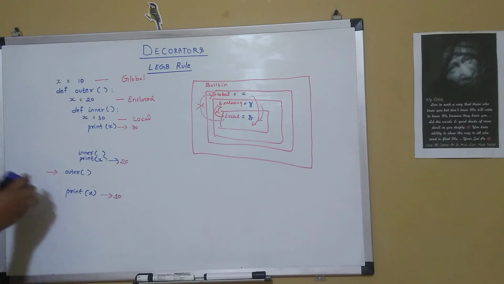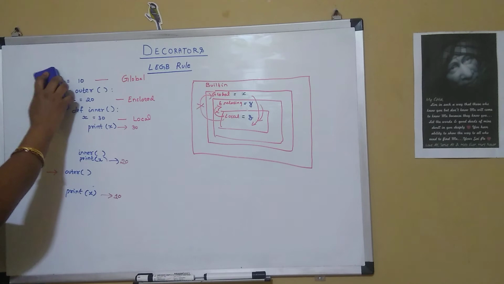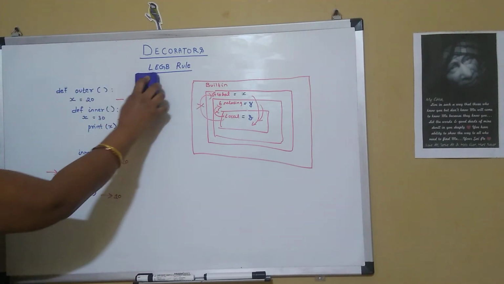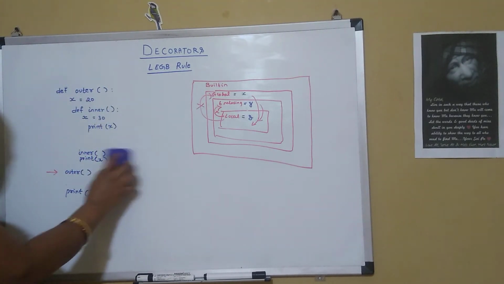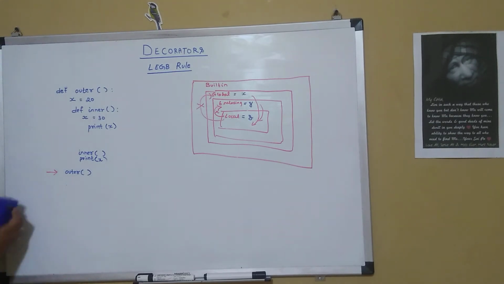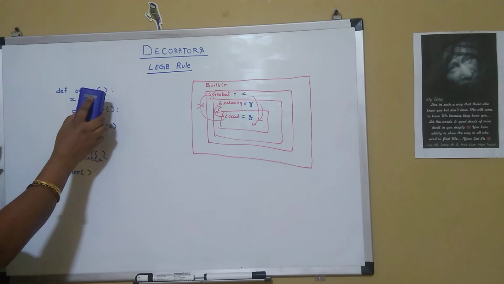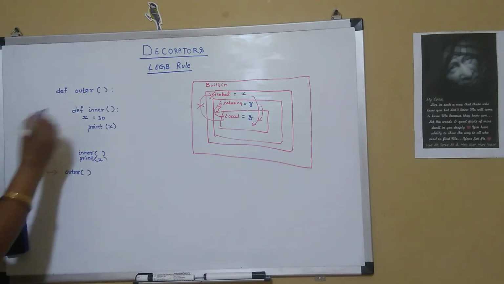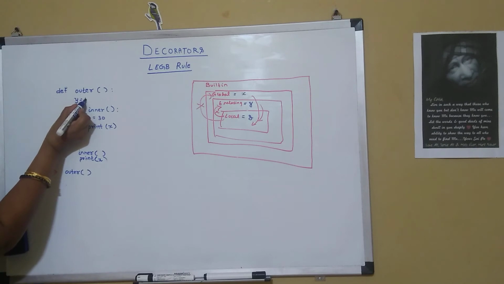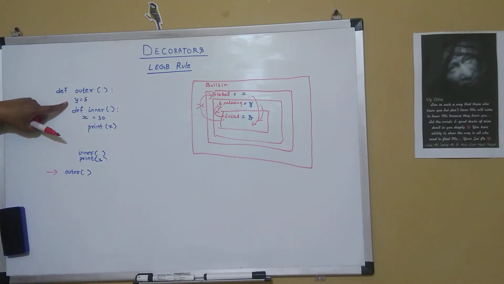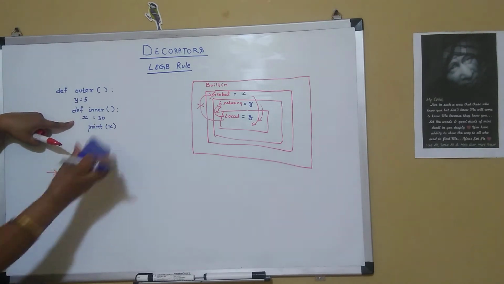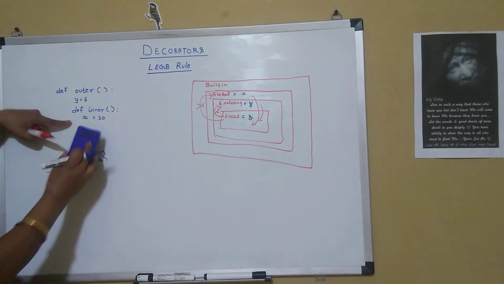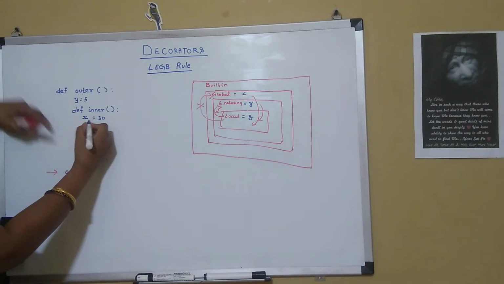And now, suppose I remove this global variable, and let me say x equal to 20. Let me define another variable called y equal to 5. So it is an enclosed variable. And now let me update my y in the local function.